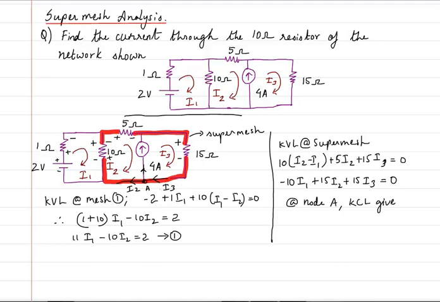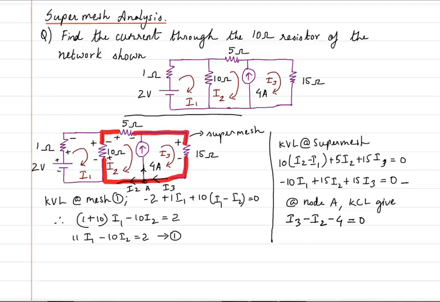So I3 is incoming, so I will get plus I3. I2 is outgoing from the junction, so minus I2, and 4 amperes is also outgoing. So minus 4 is equal to 0.